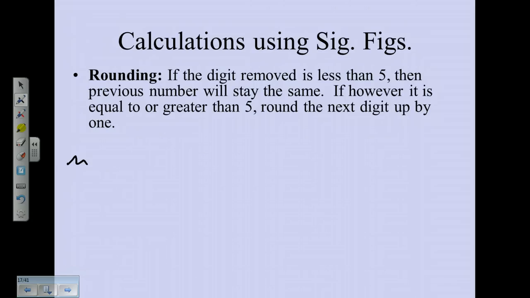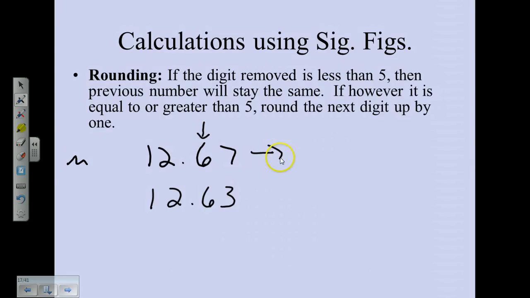So for this, let's look at the number 12.67, and we're going to look at the number 12.63. If we had to put these numbers to three significant figures, it would only go to the tenths place. So if we had to write each of these numbers to three sig figs, because this digit is 7, we're going to increase the next digit by 1.